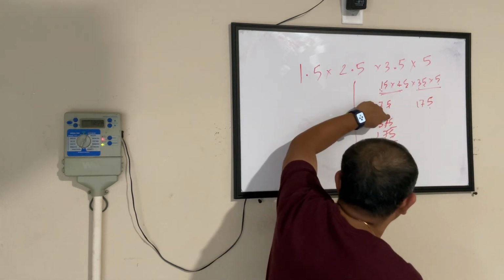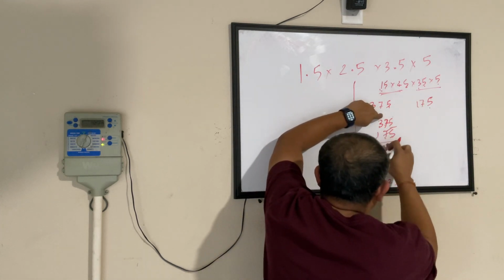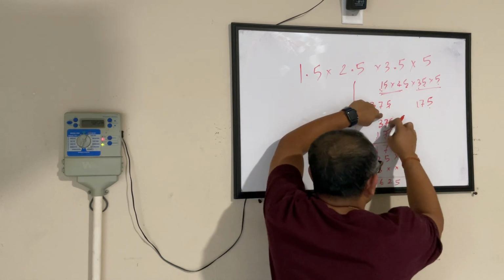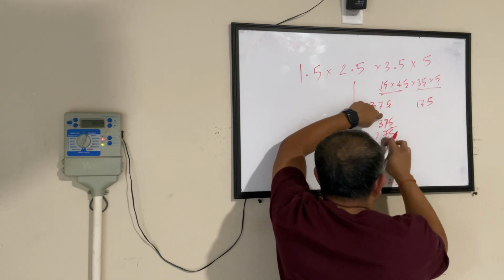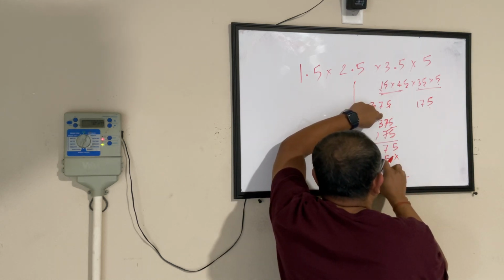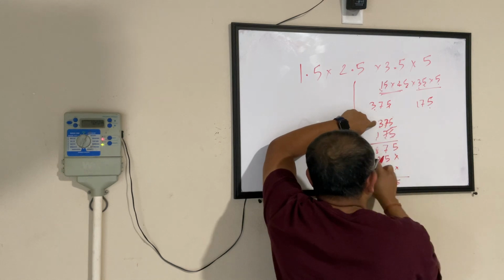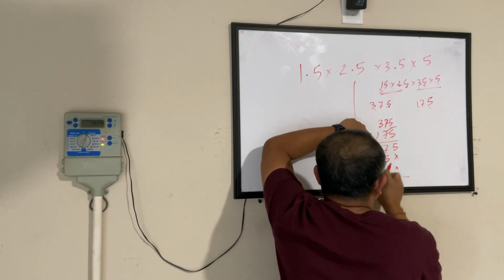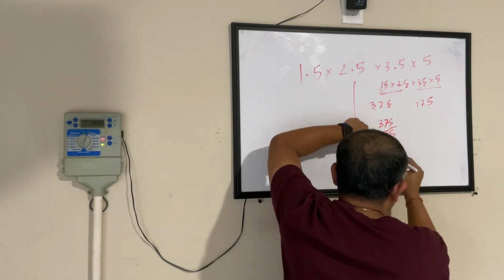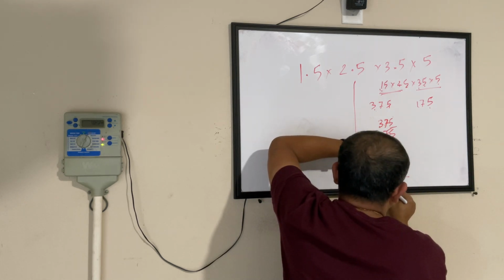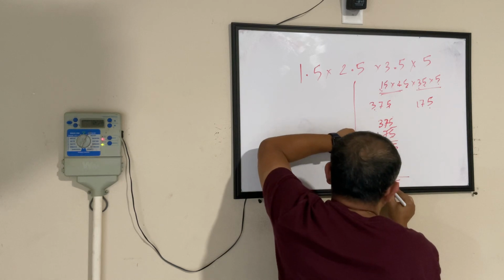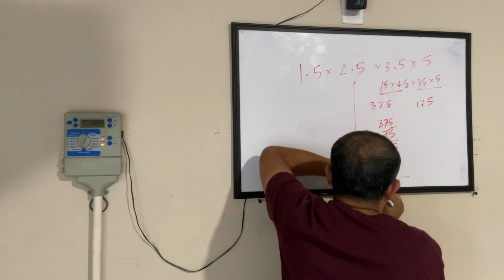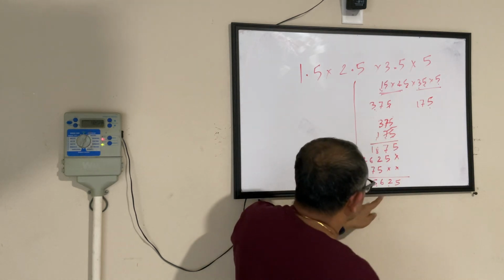Now 5 times 5 is 25, 2 carry forward, 5 times 7 is 35 plus 2, 37, 3 carry forward, 5 times 3 is 15 plus 3, 18, this is fine. 7 times 5 is 35, 3 carry forward, 7 times 7 is 49 plus 3, 52, 5 carry forward, 7 times 3 is 21 plus 5, 26, this is fine. 1 times 5 is 5, 1 times 7 is 7, 1 times 3 is 3. So 5 plus 7, 12, 1 carry forward, 9 plus 2, 11 plus 5, 16, 1 plus 1, 2 plus 6, 8 plus 7, 15, 1 plus 2, 3 plus 3, 6. Yeah. So I got this.